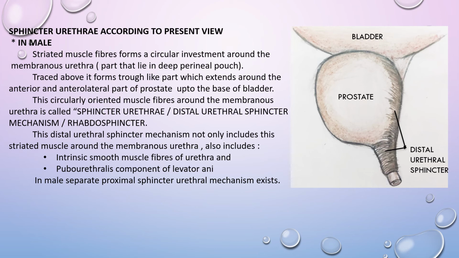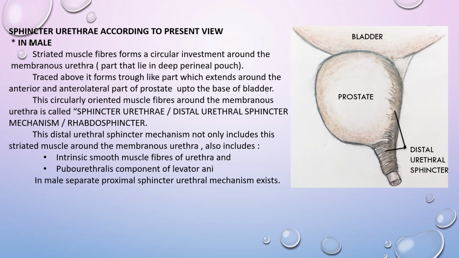First, we'll take up the sphincter urethrae muscle in males according to present view. This sphincter urethrae is a striated muscle. These fibers form a circular investment around the membranous urethra. That means it forms a circular investment around the urethra that lies in the deep perineal pouch.